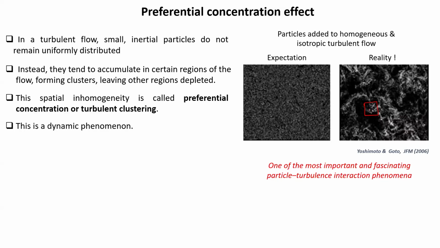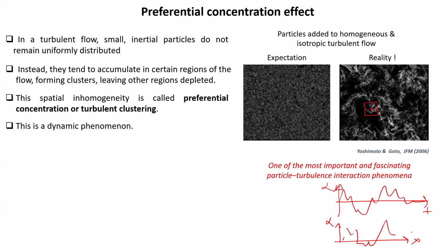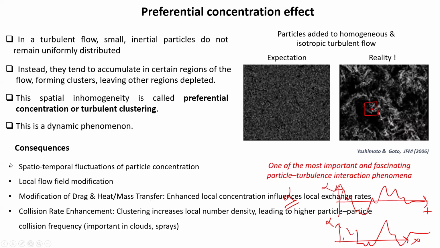So, at the same location, if I calculate the volume fraction and plot with respect to time, I will see something like this. If I plot with respect to space, also I will see something like this. So, this means now we have spatial temporal fluctuation of particle concentration.